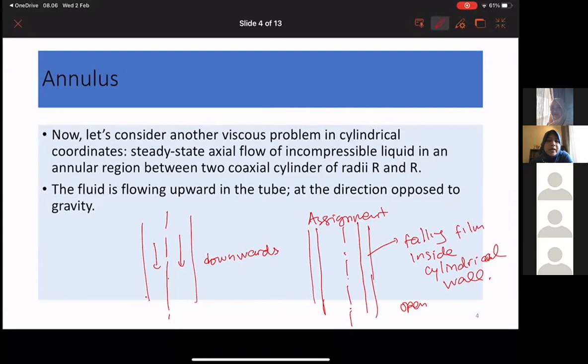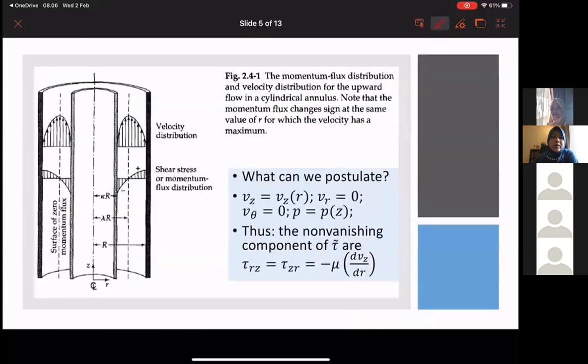Now for today, let's consider another viscous problem in cylindrical coordinates. It is a steady axial flow of an incompressible liquid in an annular region. An annulus consists of two coaxial cylinders with different radii. So you have an outer pipe with radius capital R, and then an inner cylinder as well.